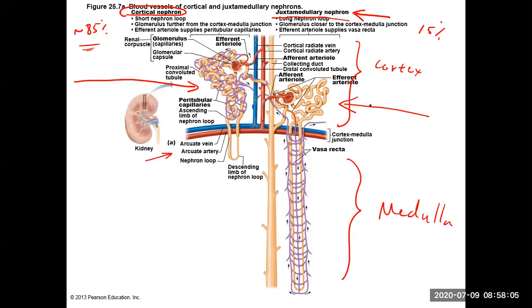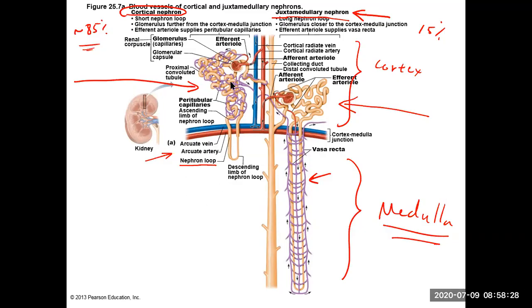In the juxtamedullary nephron, the loop of Henle is much deeper and goes into the medulla, versus the loop of Henle, or nephron loop, in the cortical nephron, which is shorter. It doesn't extend that much into the medulla.